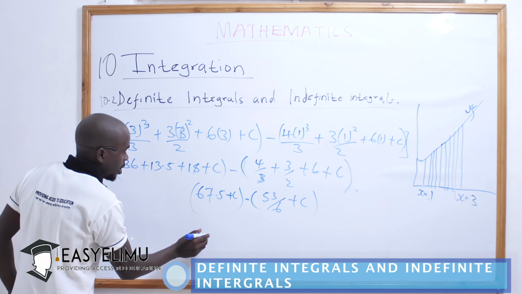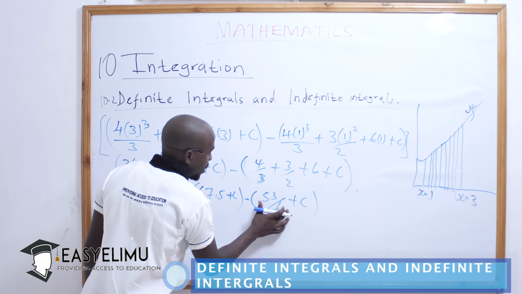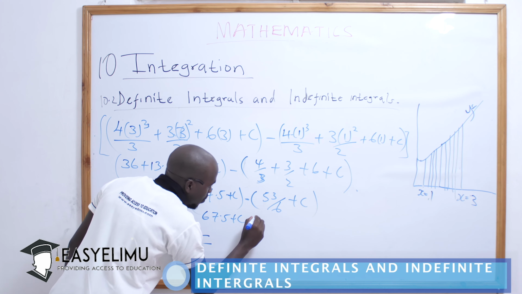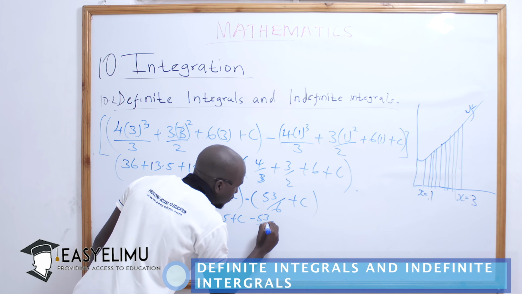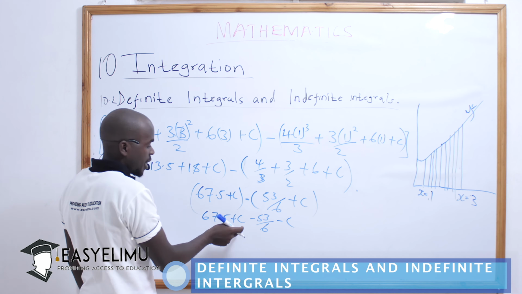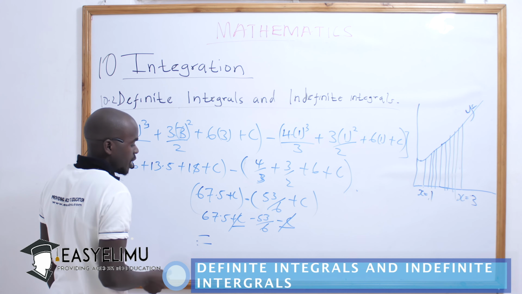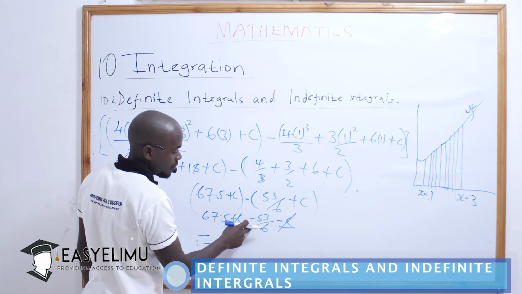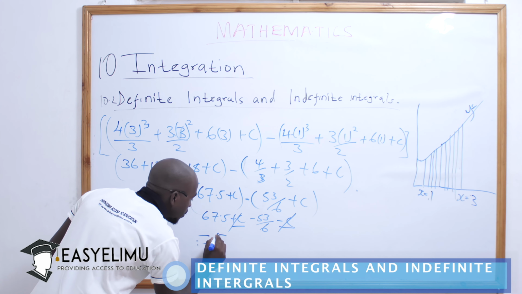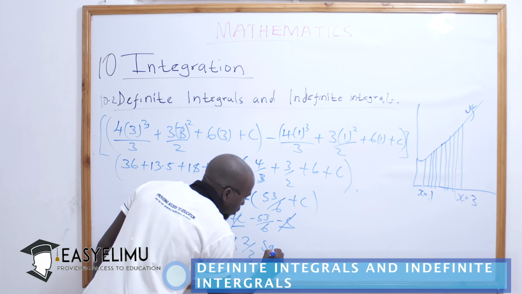So we need to find the difference between the two, and if we open the bracket, we are going to get 67.5 plus c minus 53 over 6 minus c. The plus c and minus c cancel out, and we remain with 67.5 minus 53.6, and we are going to get 58 and 2/3 square units.